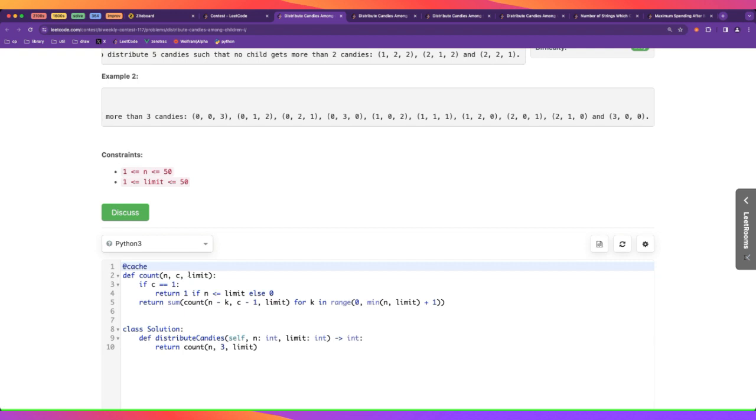Because if we distribute the candies for the first and the second children in ways that add up to the same, then we're going to end up with the same final call. So we could cache it, but it's not really going to make a difference because it is O(1) to solve the case where there's only one child, so it's not worth it to do the caching.